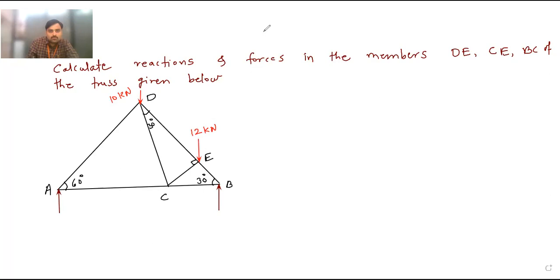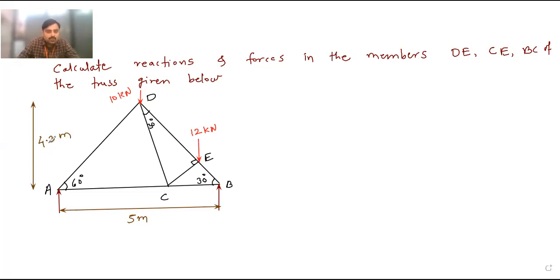Then this total measurement from A to B is 5 meter. This height of the truss is 4.33 meter or 4.3 meter. Okay.